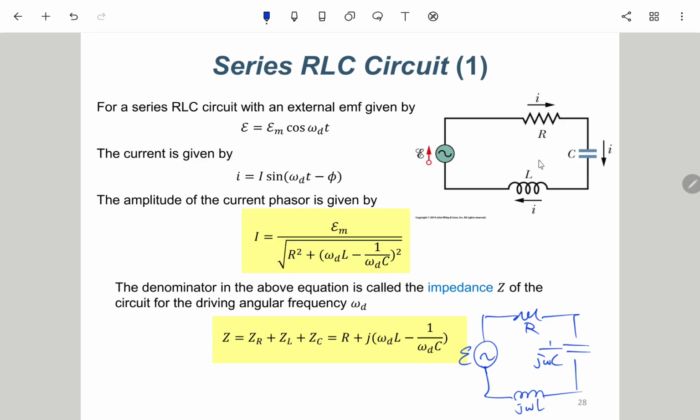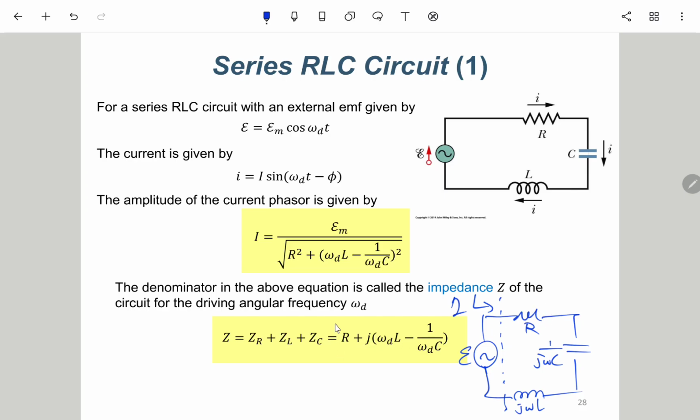So for this RLC circuit, the phasor diagram looks like this. If we cut it out and look into the right-hand side, the total impedance will be R plus 1 over jωC plus jωL, that is Z_R plus Z_L plus Z_C.